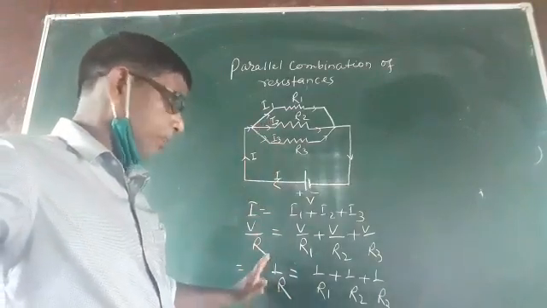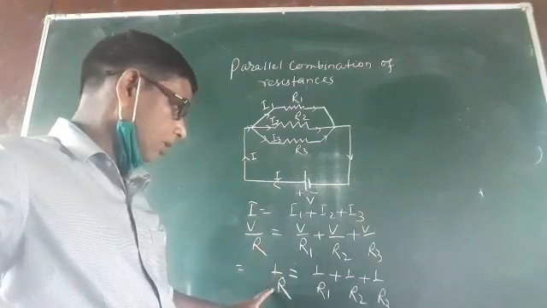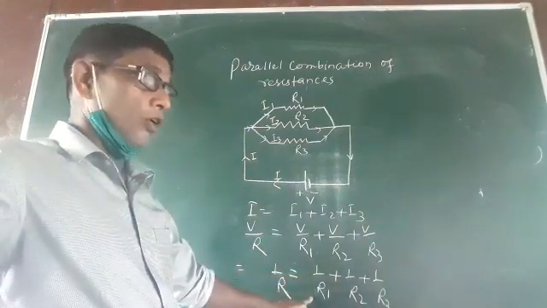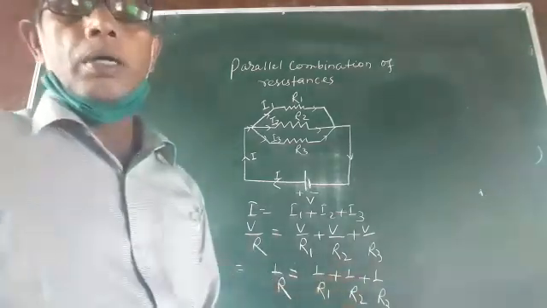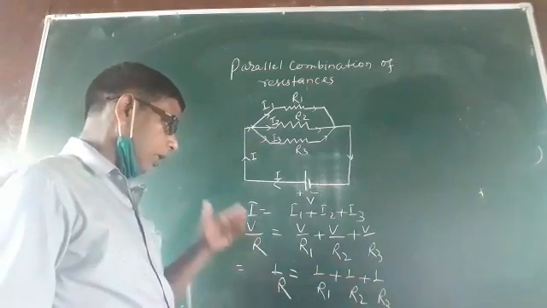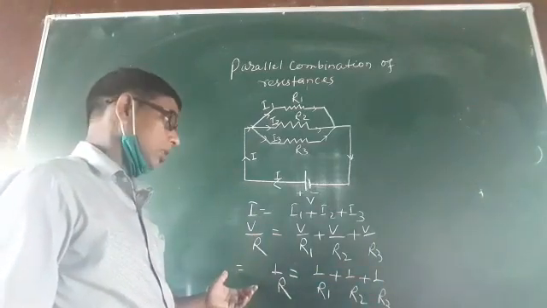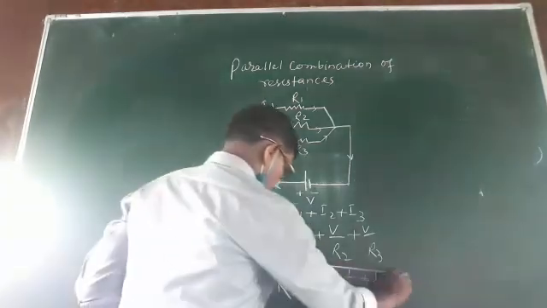1 by R, the reciprocal of R, equals the reciprocal of R1, plus the reciprocal of R2, plus the reciprocal of R3. So if we have to calculate the value of three or more resistances connected in parallel, we will use this formula.